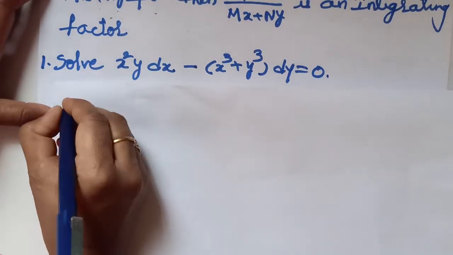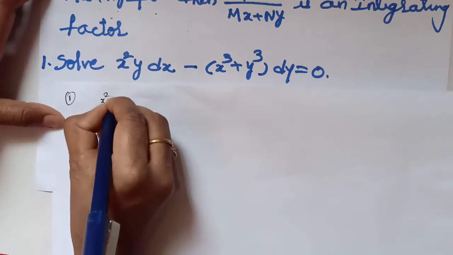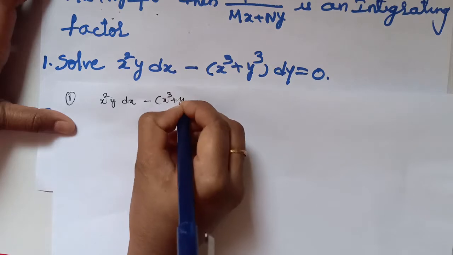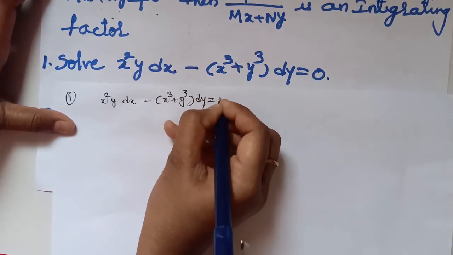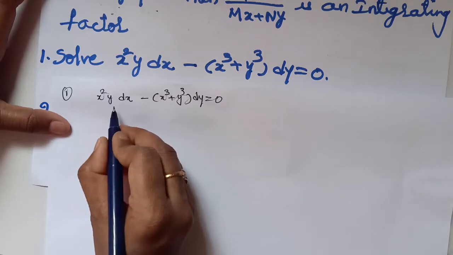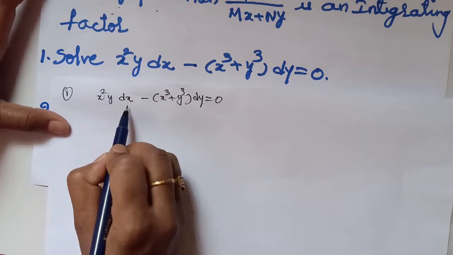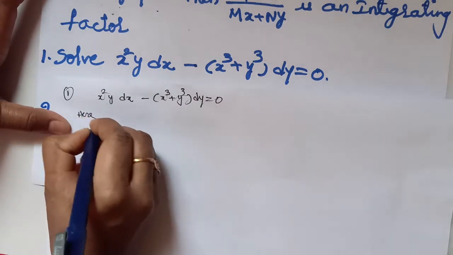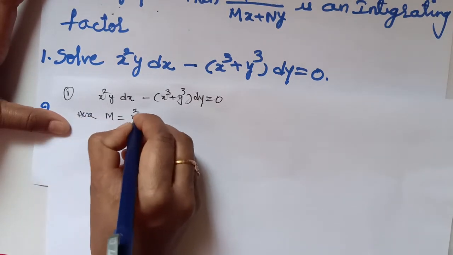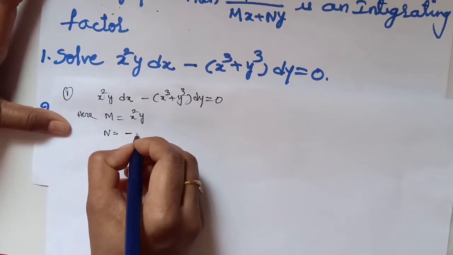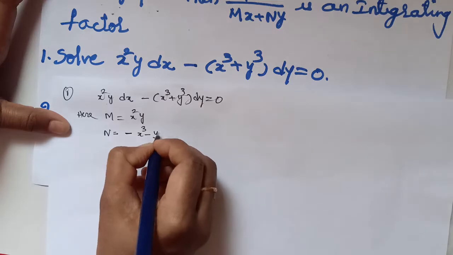Coming to the first problem, solve x square y dx minus (x cube plus y cube) dy is equal to 0. If they ask you to solve a differential equation which is in the form of M dx plus N dy is equal to 0, here M is equal to x square y and N is equal to minus x cube minus y cube.